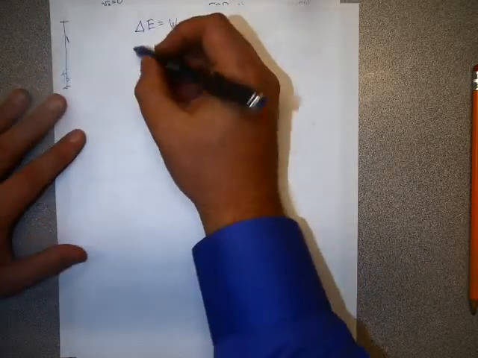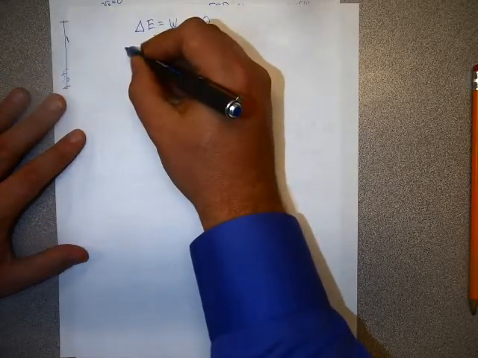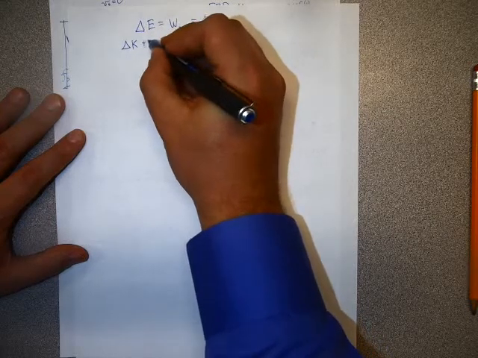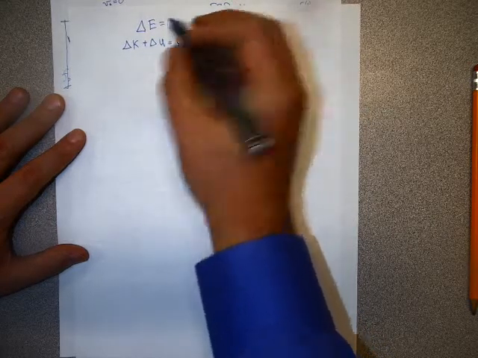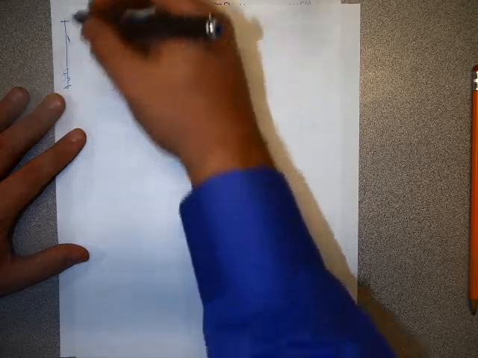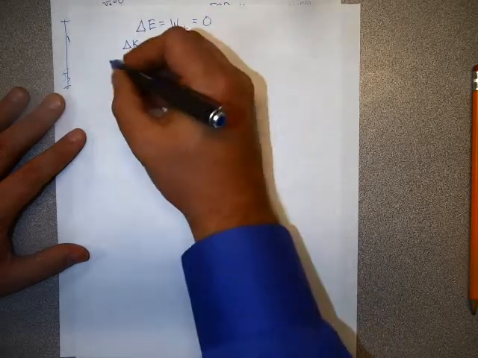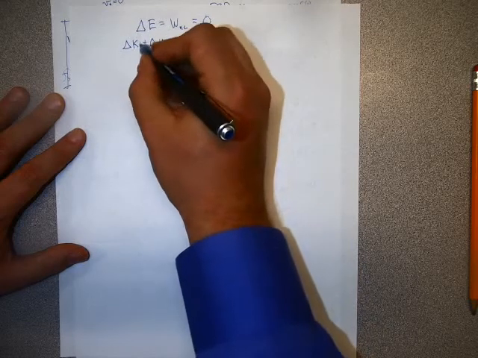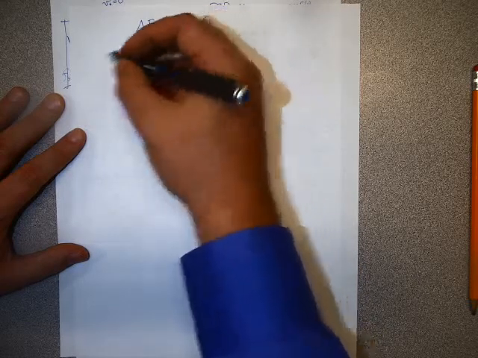So we can just use a conservation of energy statement. This says that delta K plus delta U is equal to 0. The only kind of potential energy we have here is the gravitational potential. But we have two kinds of kinetic energy, which is important in this case.